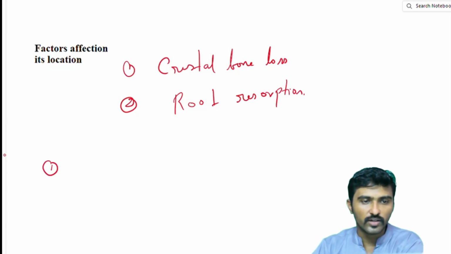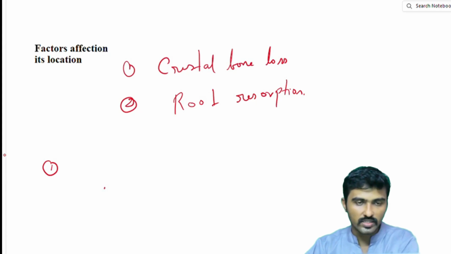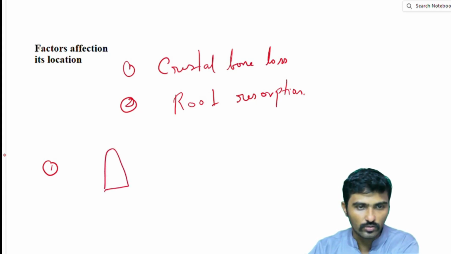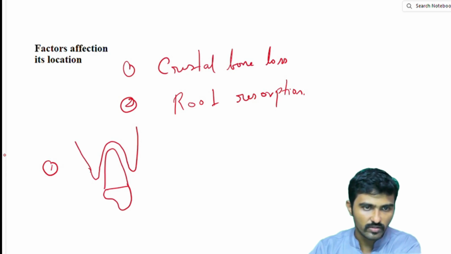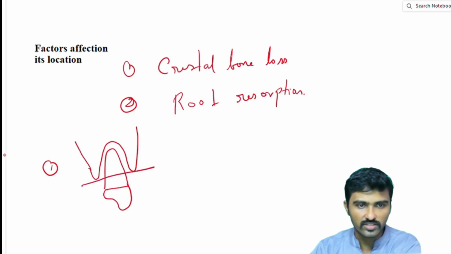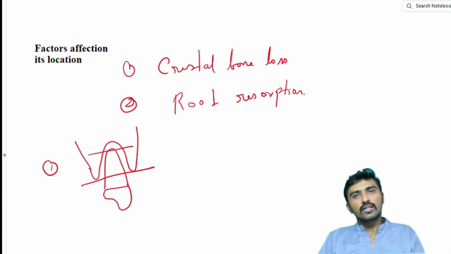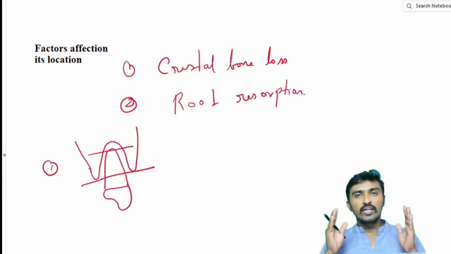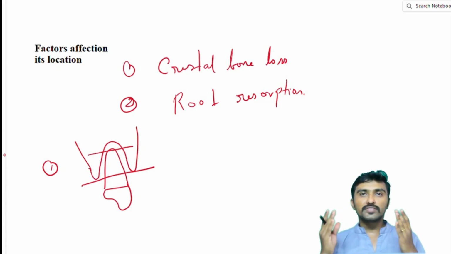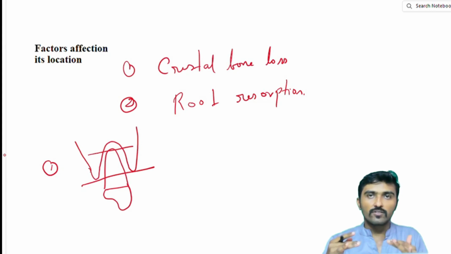For example, for crestal bone loss, let us assume we have a tooth here, and for some reason there is crestal bone loss. So this is the level of crestal bone loss and this is the root apex. Whenever there is a loss of alveolar crest, what happens to the center of resistance? We know the definition that it is 1/3 to 1/2 of the root surface from root apex to alveolar crest.